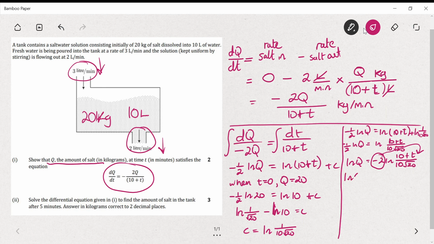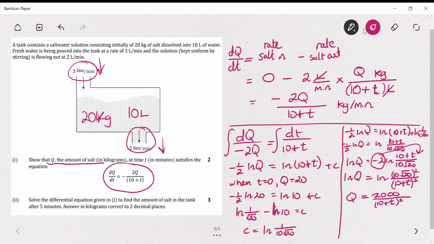So the natural log of Q equals the natural log of, now because it's powered to minus 2, it's squaring it and flipping the fraction. So it's actually 10 root 20 being squared on 10 plus t being squared. So that means Q equals 100 times 20 on 10 plus t all squared.